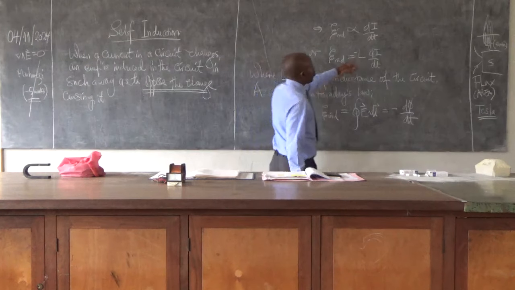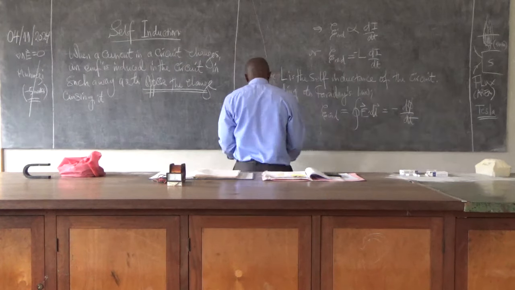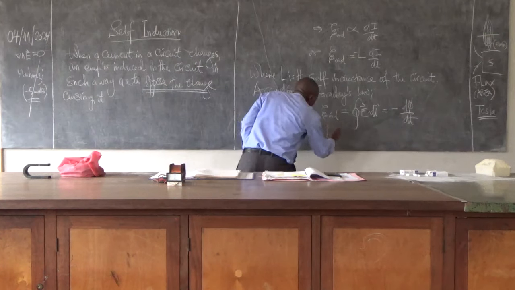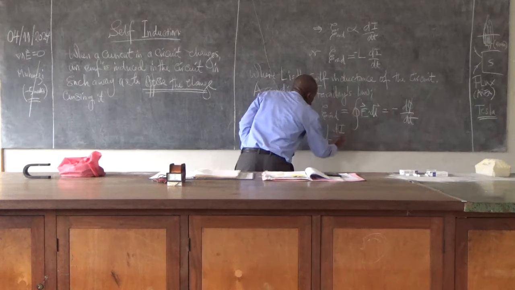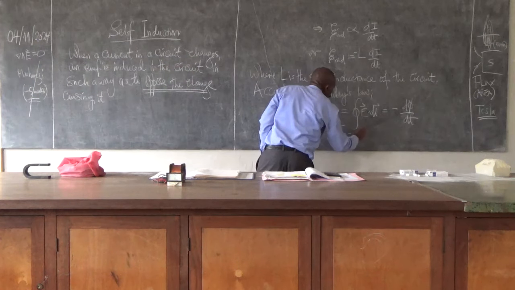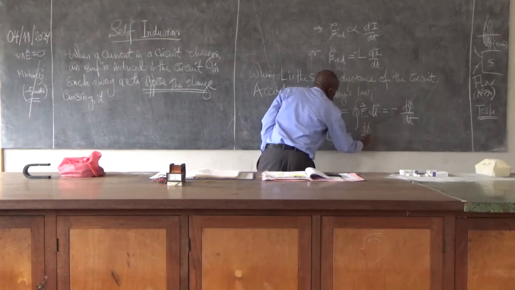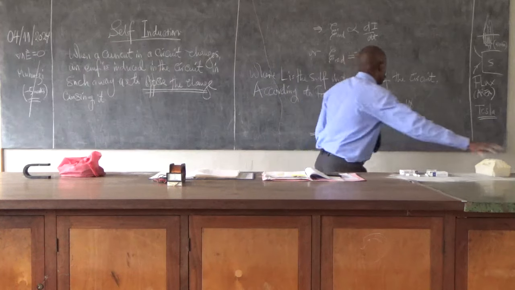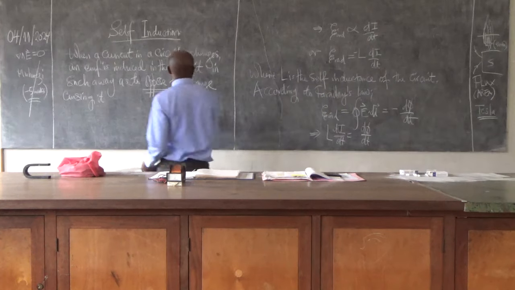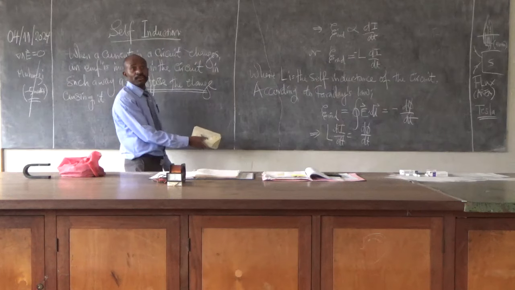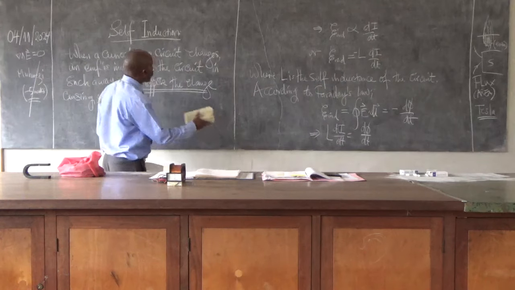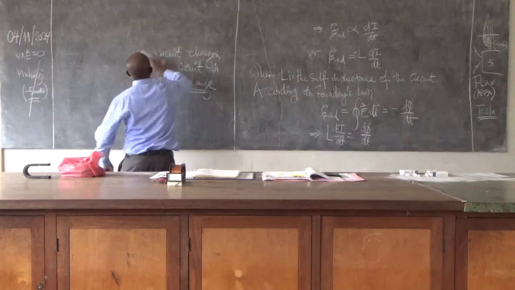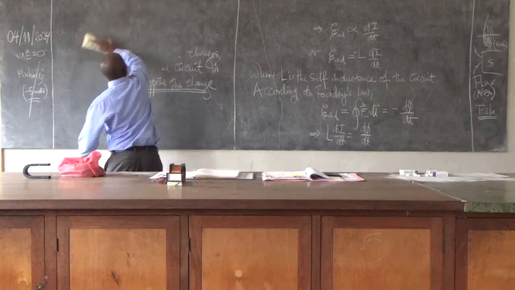So we can relate these two since they are all induced EMF. This would imply that they are all negative, so we can have L di/dt being the same as d phi/dt. They are all changing with time, so we can relate their change since they are changing within this time.